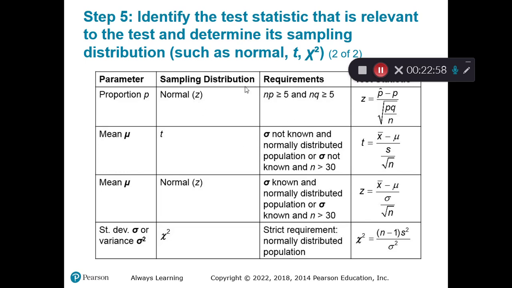And the requirements really will always be met for the purposes of our course, but in practice, we want to make sure that the sample size times the claimed value of the population proportion is at least 5, and that the sample size times 1 minus P is also at least 5. The test statistic, let me move this down for just a minute.